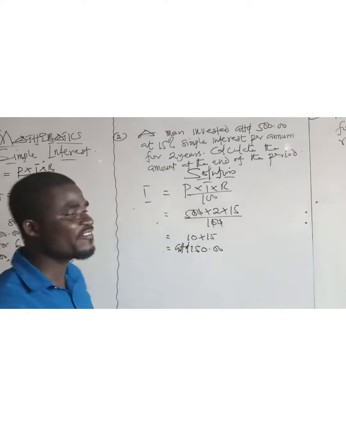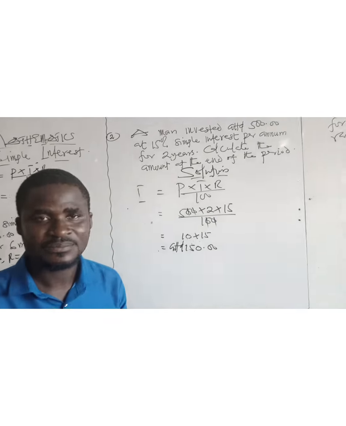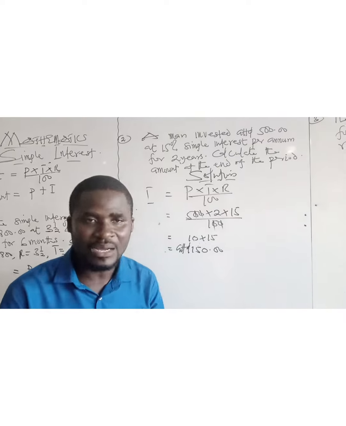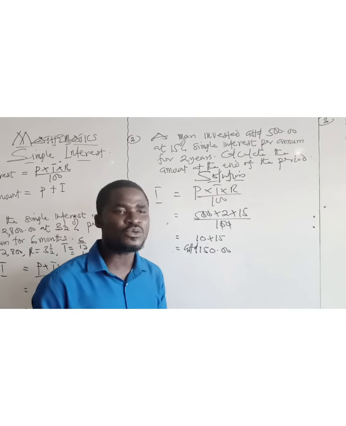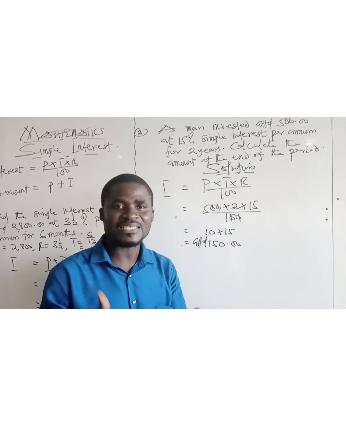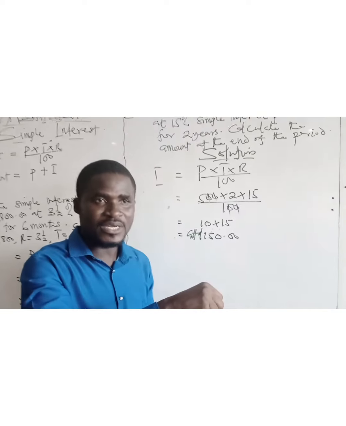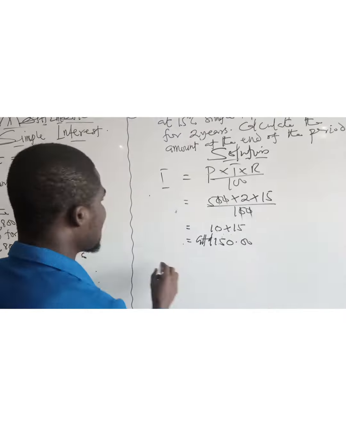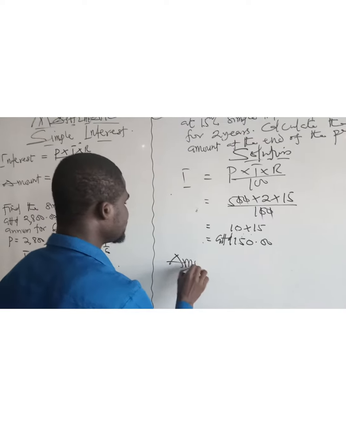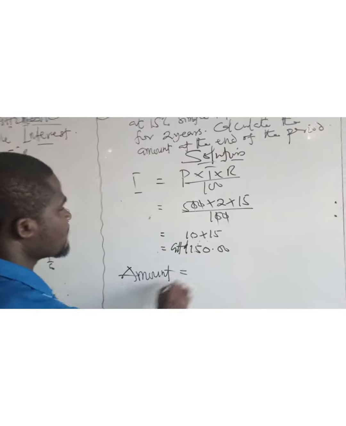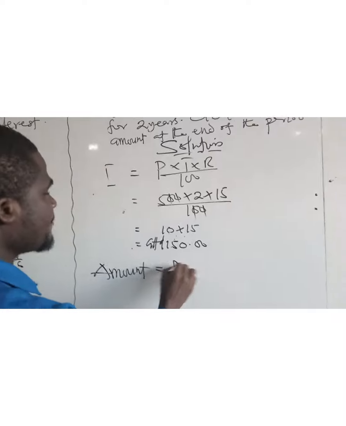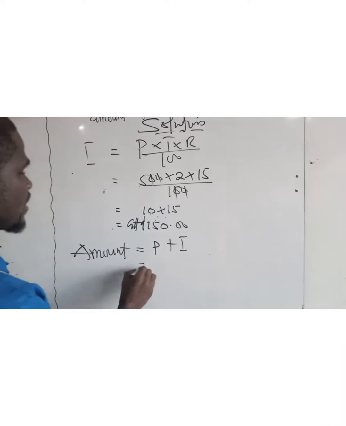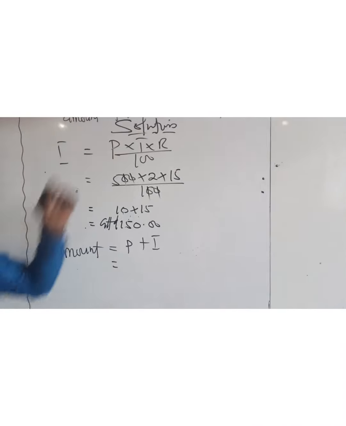Now the person is demanding for amount. And we say that amount is equal to principal plus interest. The money you took plus the interest. So amount is equal to principal plus interest. Our principal here is 500 Ghana cedis.